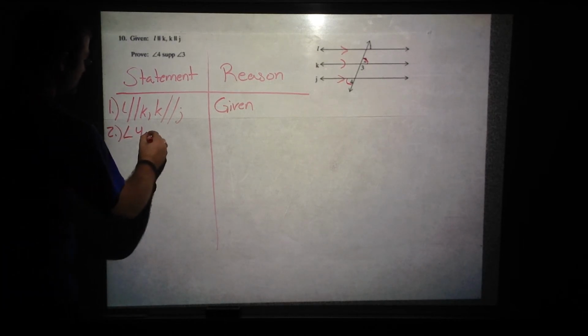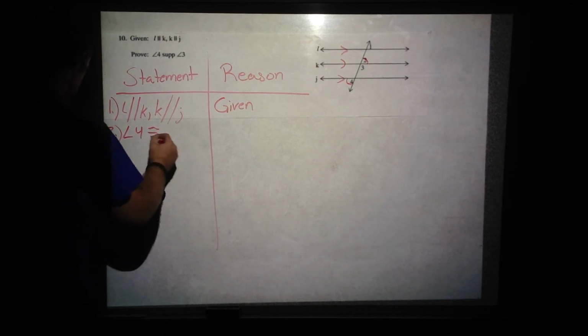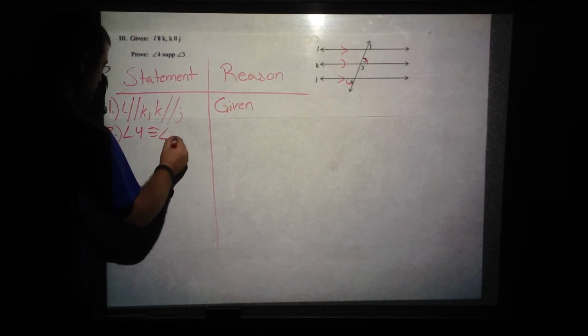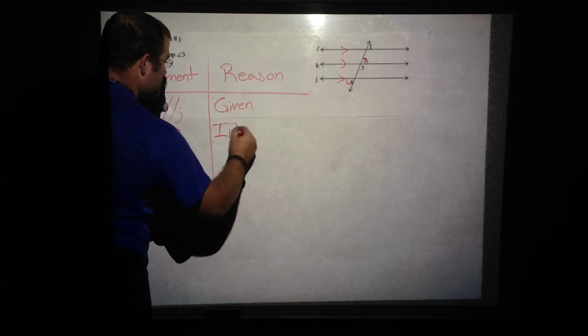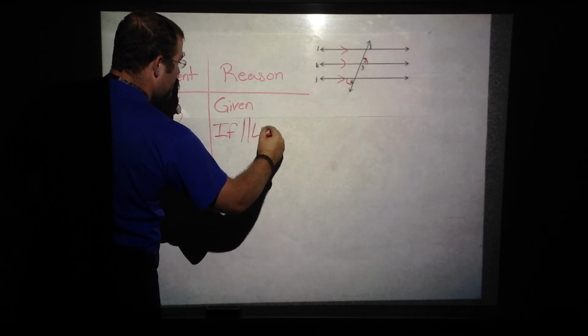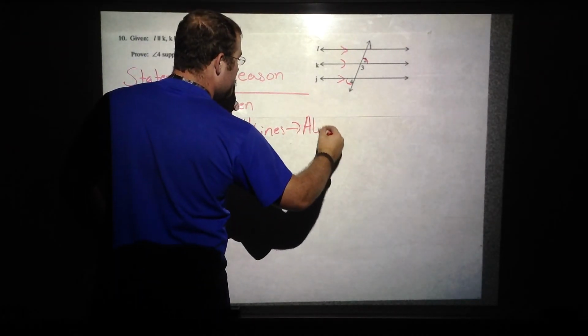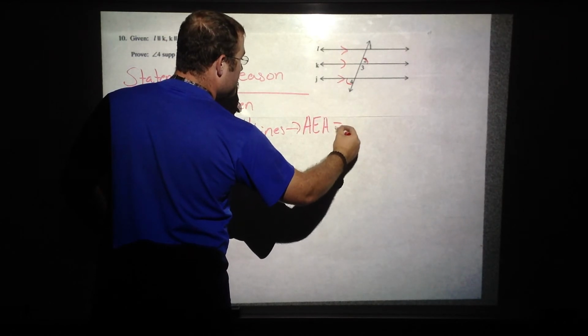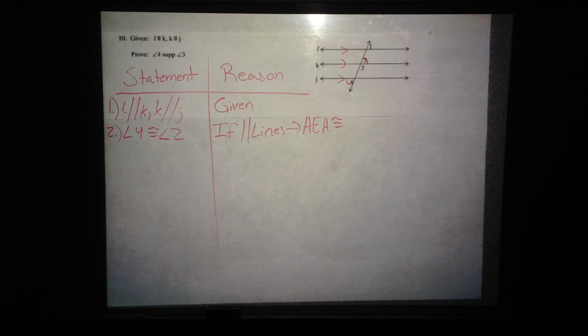And the reason that they are congruent to each other is because if our lines are parallel lines, then alternate exterior angles are congruent. Take a second to think about that.